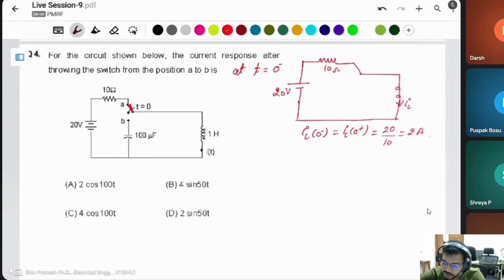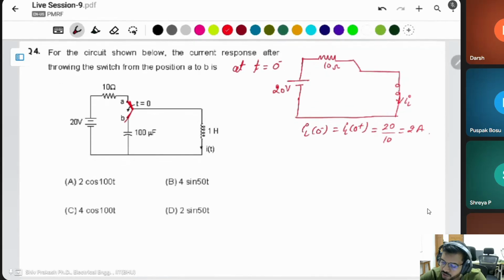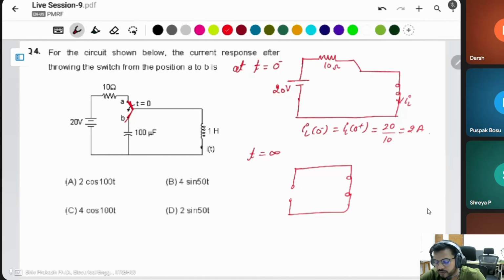Then after, it will be shifted to this position at t equal to 0. Suppose in this case you want to apply t equal to infinity, then what would you get? This is the short circuit, this is the open circuit. We can't find anything. Is the current 0?